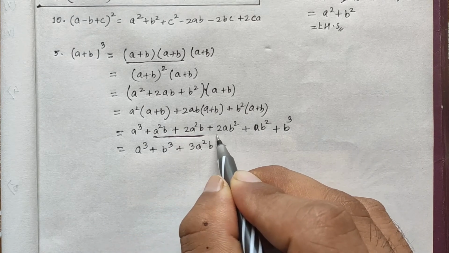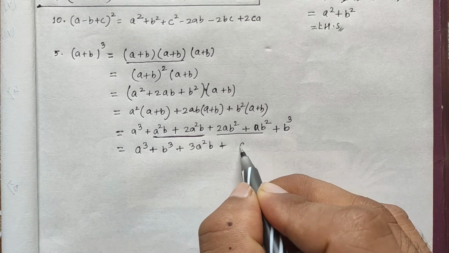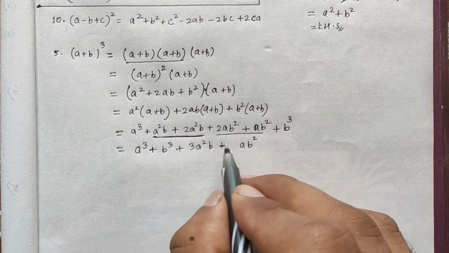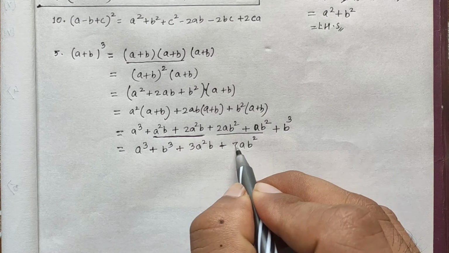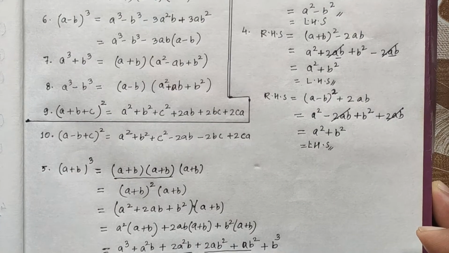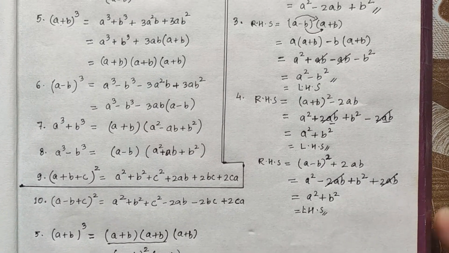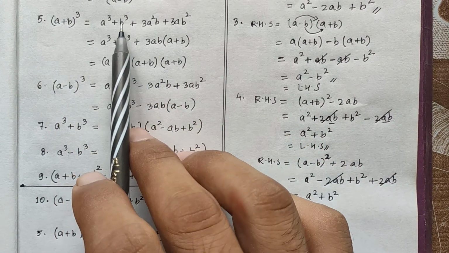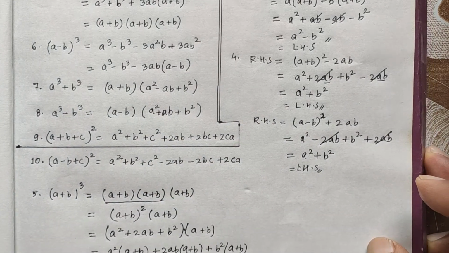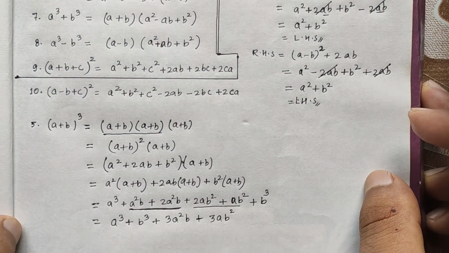Similarly for this one, the variables are ab square, and we have to add the coefficient, that is 3. Okay, so one of the formulas is proved. If you see here, our first formula is proved, a cube plus b cube plus 3a square b plus 3ab square is proved.